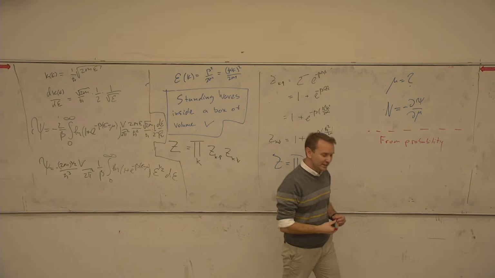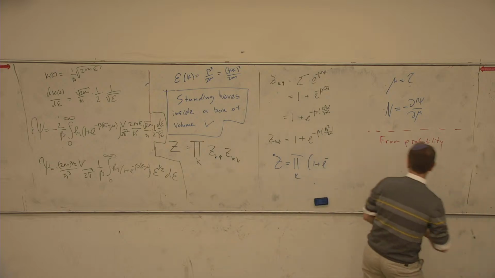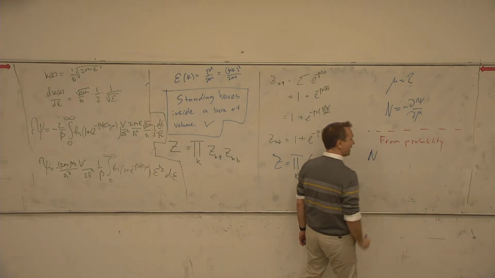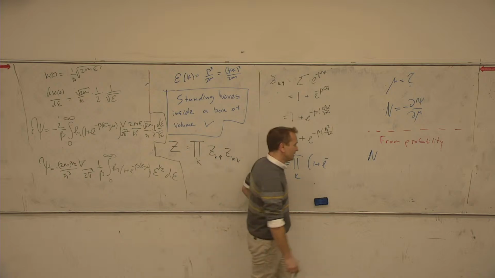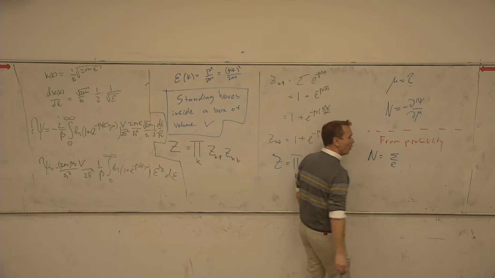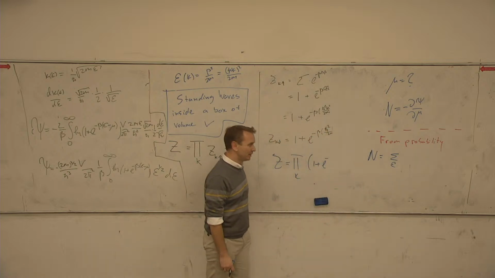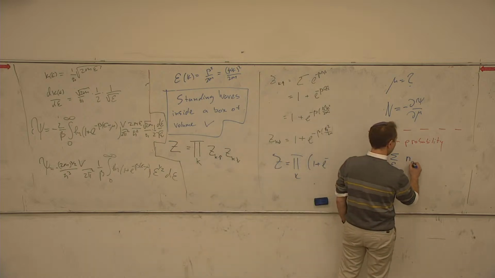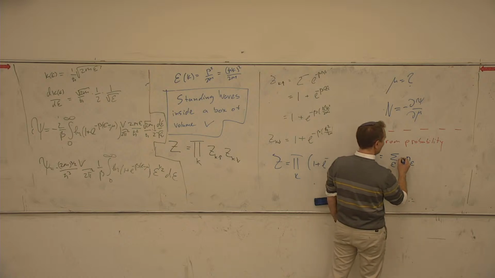So from probability, what do we know? We know that n, average, it's a sum over all the epsilons, and we have n epsilon multiplied by 2.